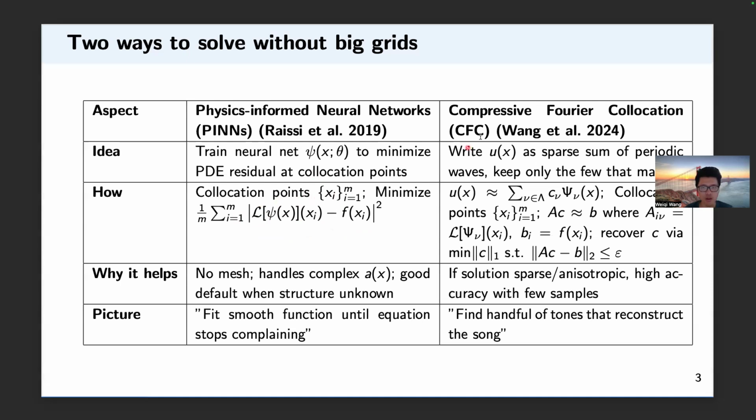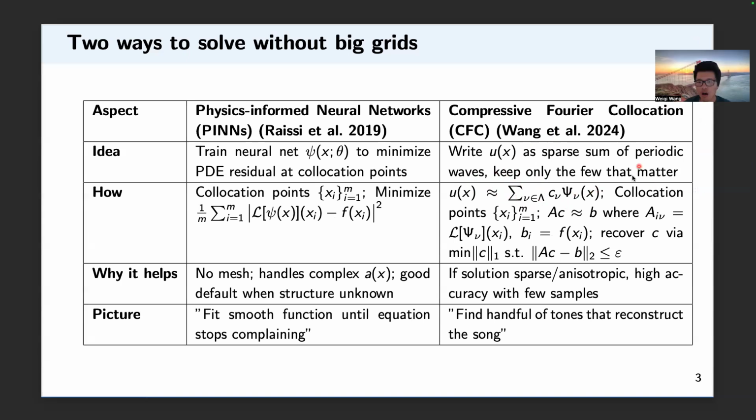And then the second one is the compressive Fourier collocation method from 2024. In this method, we try to write the solution as a small number of periodic waves. We build a short list of frequencies, like Lambda here, and solve a small linear system that matches the PDE at collocation points xi.